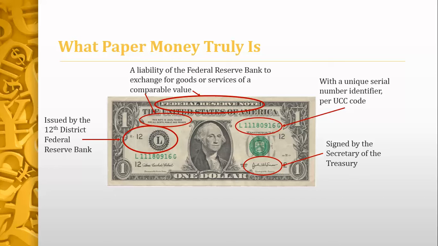And one other thing on this is where this note was issued. This particular dollar bill in the image was issued in District 12. You see the number 12 and the letter L, and that tells you where this bill was minted and distributed.